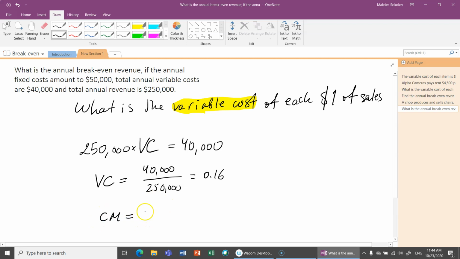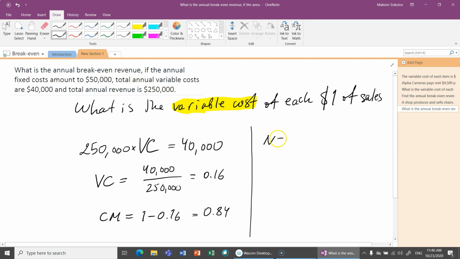And contribution margin will be 1 minus 0.16. So I know that I sell $1 and I know that it costs 16 cents to sell that $1. So the contribution margin is 0.84, which means that every time I sell $1, I contribute 84 cents towards my fixed costs and then towards my net income.